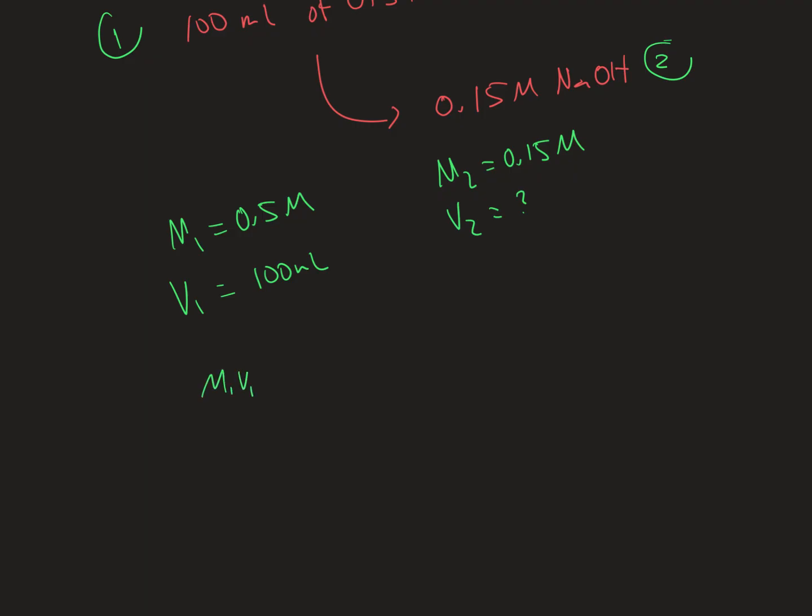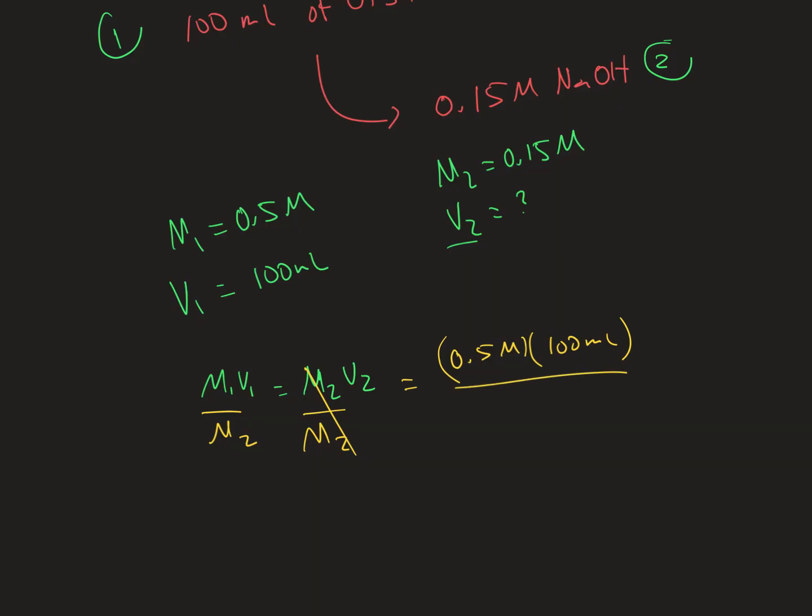So we just use that equation, M1V1 equals M2V2. And we're going to look for V2 here. Divide M2 to both sides. We good? Put our values in, 0.5 molar times 100 milliliters, divide by 0.15 molar. And we get that our molarity cancels.